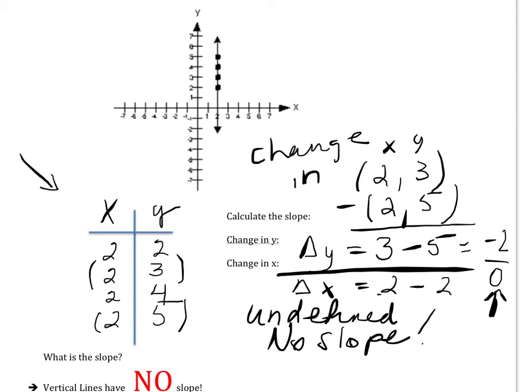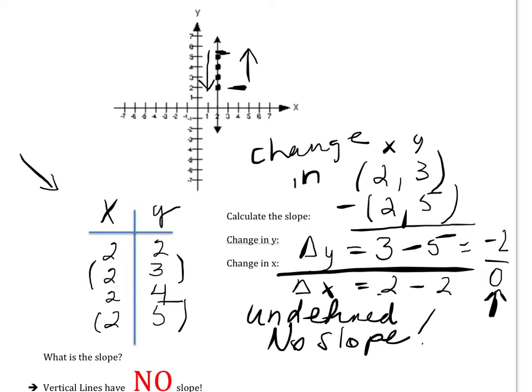Now let's go up and read this line. We read the line from left to right, and in the case of the vertical line, find a point on the line and whether your change in y is a rise or a fall or a drop, it doesn't matter. So your change in y, I will start at the top point up here, and I will go down to the bottom point.